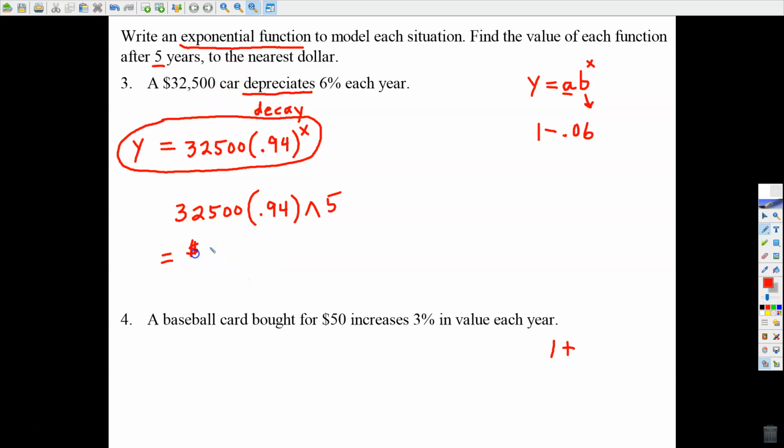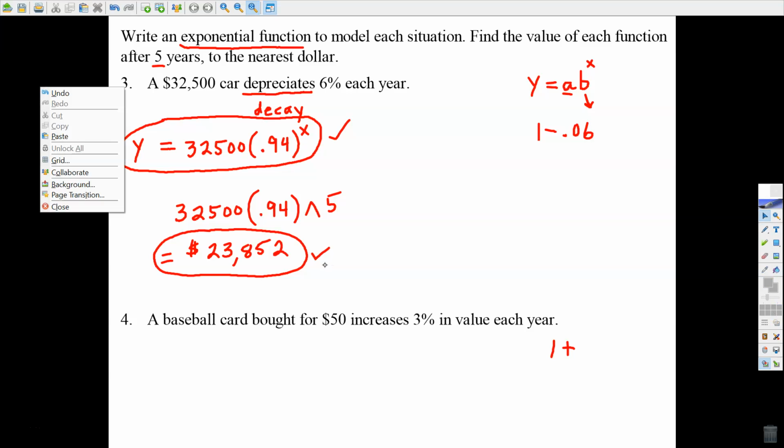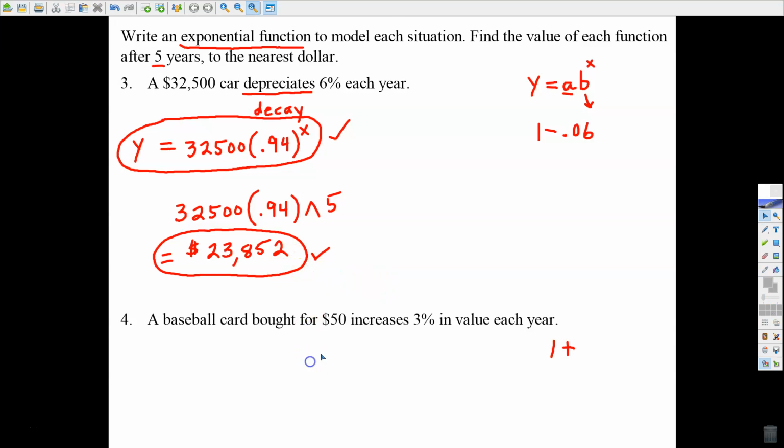And you notice that the amount on your calculator rounded to the nearest dollar is 23,852. And that's my Y, which Y represents how much it is currently valued after depreciation. All right, so answer part 1 is the function. Answer part 2 is the value of the vehicle after 5 years.